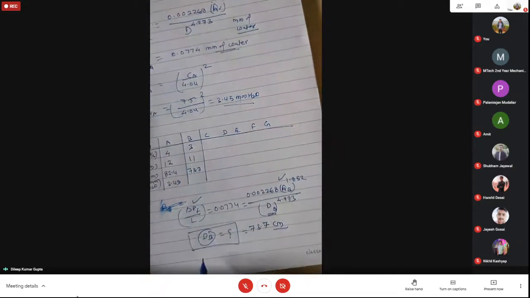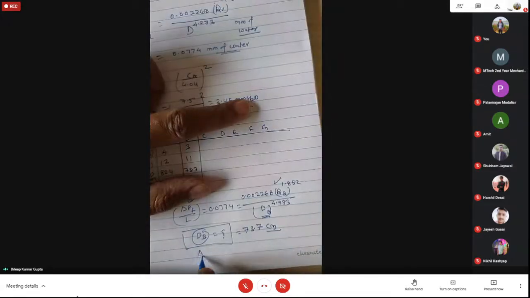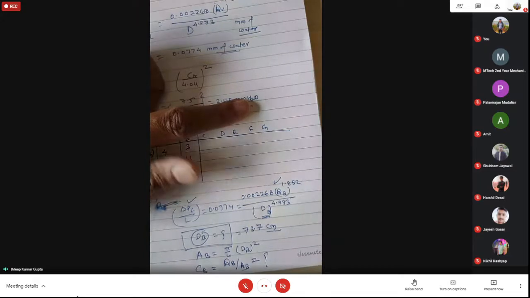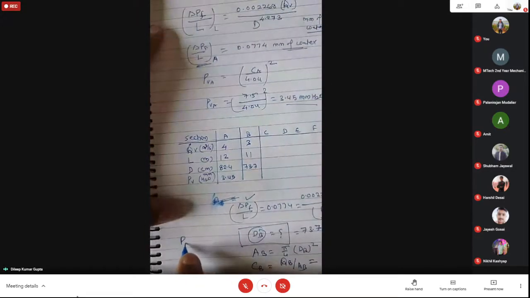Once the diameter is known to you, you can find out the value of area. So you can find out the value of AB here using pi by 4 d square. And then finally you will find out the value of CB, that will be equal to the value of QB divided by the area. You will get the value of C. And once you have the value of C here, using this value of C you find out the value of PVB.